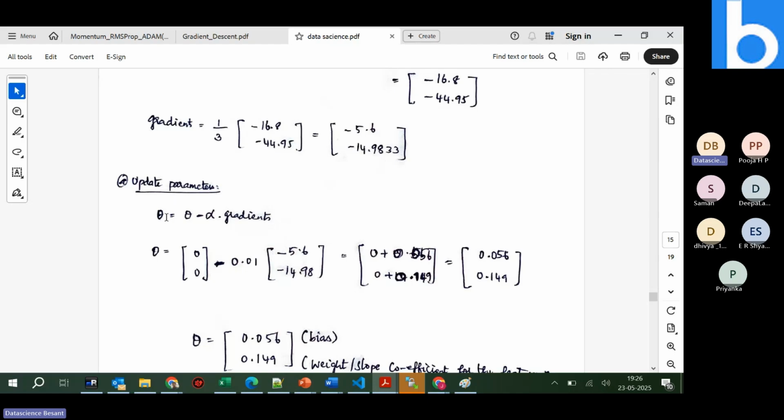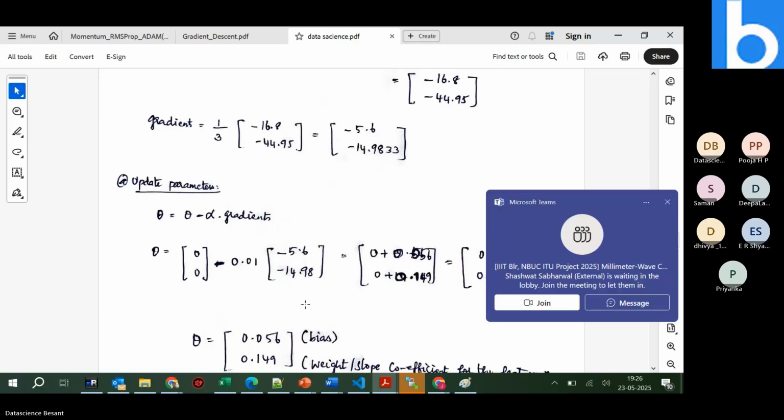So theta is equal to theta minus alpha into gradient. Theta is this value, 0 and 0. You remember this theta, which we calculated in the first step with np.zeros of X.shape[1], right?